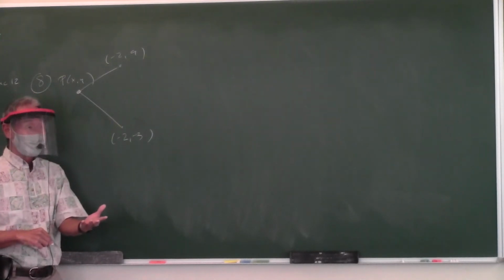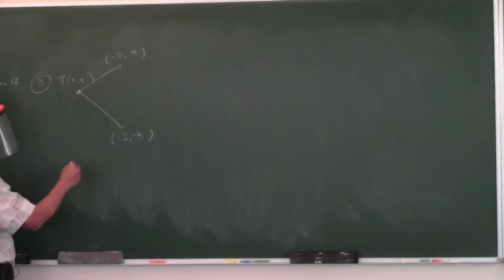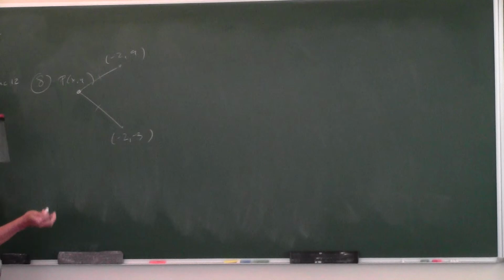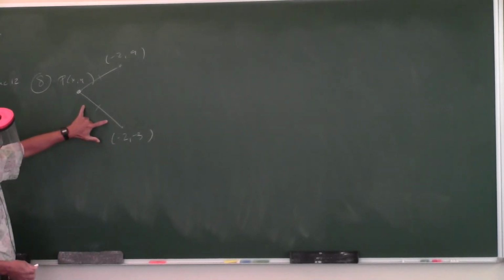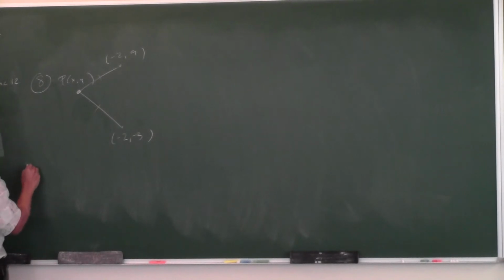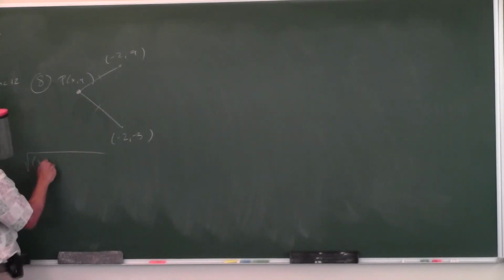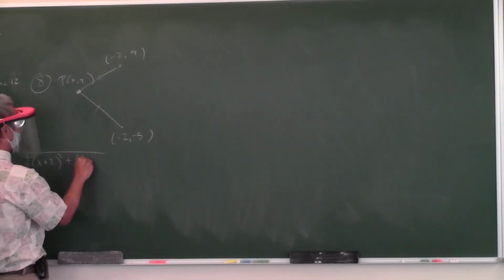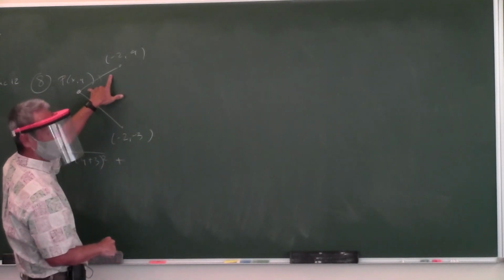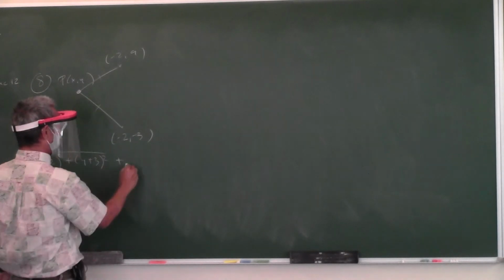So one way to do the problem would be, well, Mr. Park, this distance plus this distance is 16. Well, how do I find this distance right here? Distance formula, right? So square root x plus 2 squared plus y plus 3 squared plus this distance. How do I find this distance?